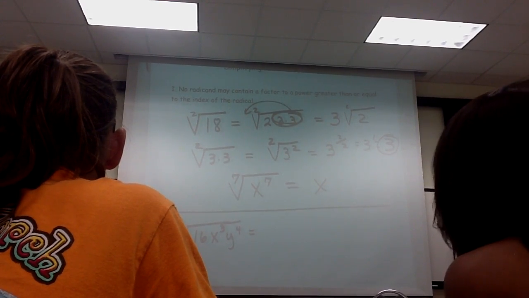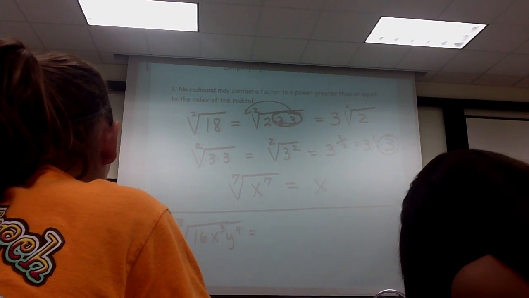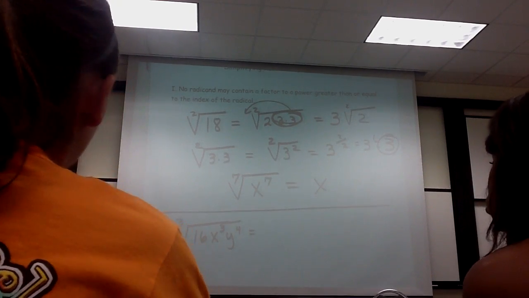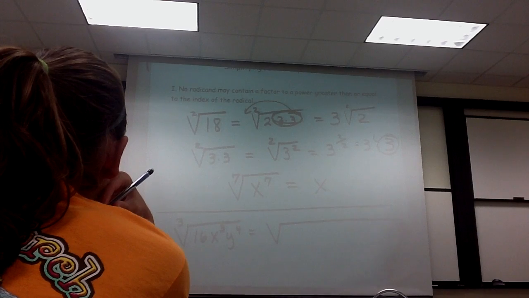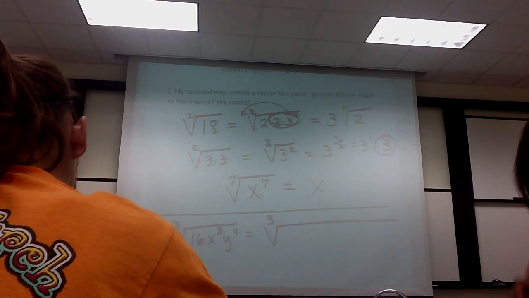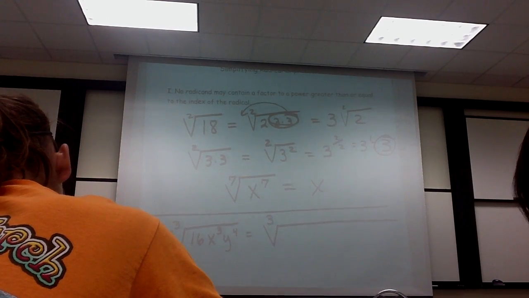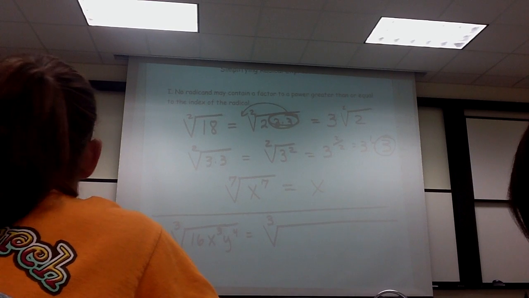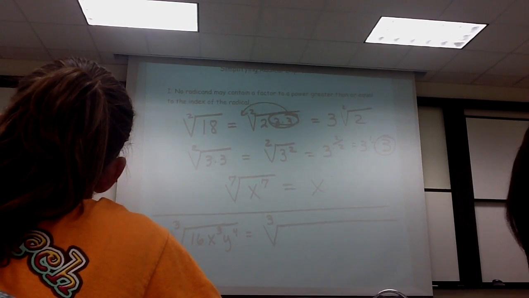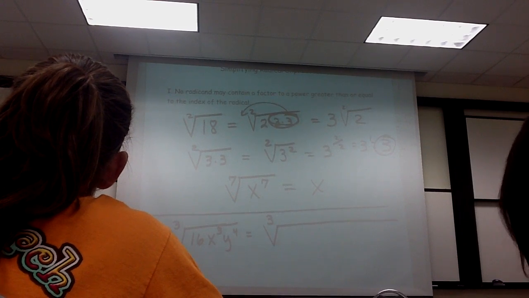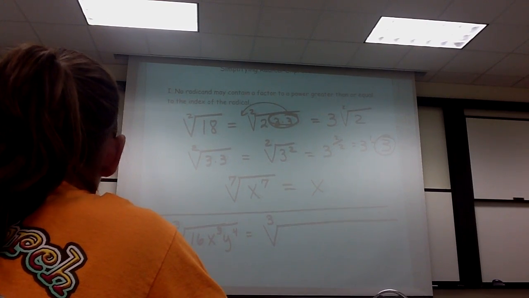The index tells you how many times you're looking for something to show up. All right? So you can do this in your head. I suggest you don't. You got lots of other stuff going on in your head. So if you put it on the paper, it's there, all right?